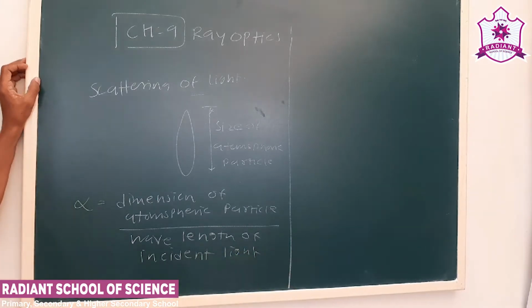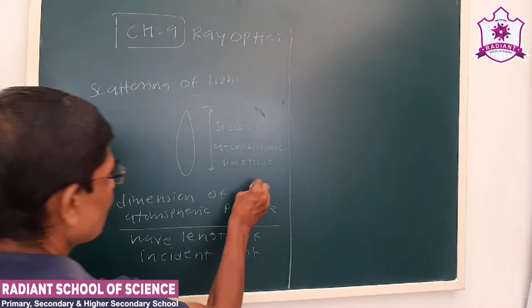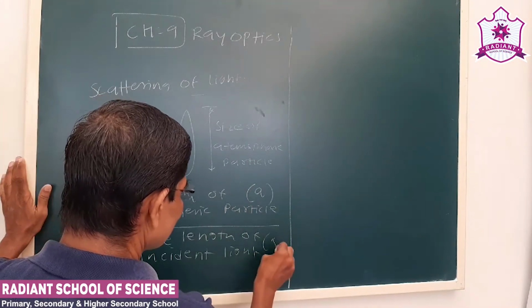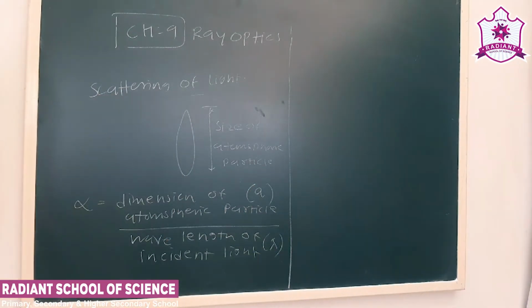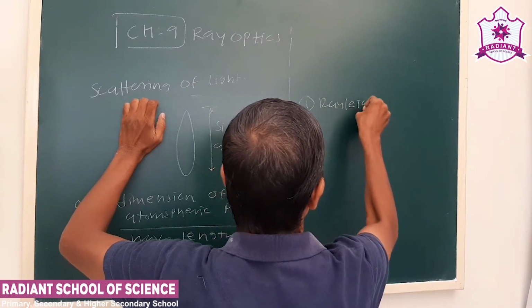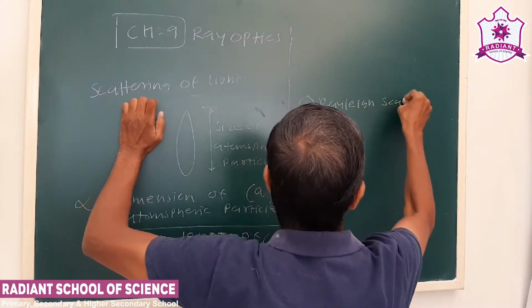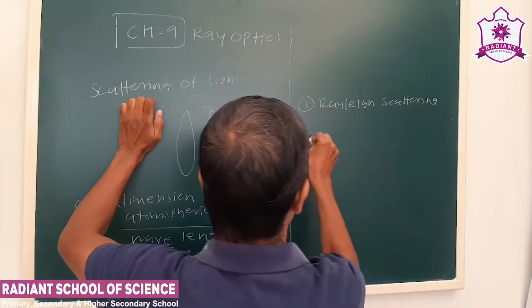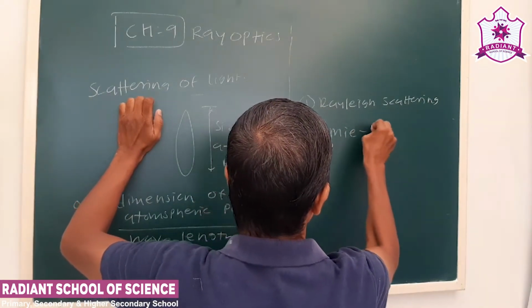Okay, this is denoted as a upon lambda. Alpha is a ratio. Now see, two types of scattering. First is Rayleigh scattering, and second is Mie scattering.